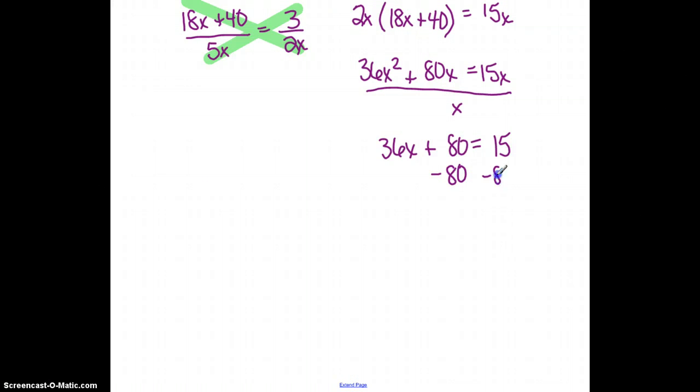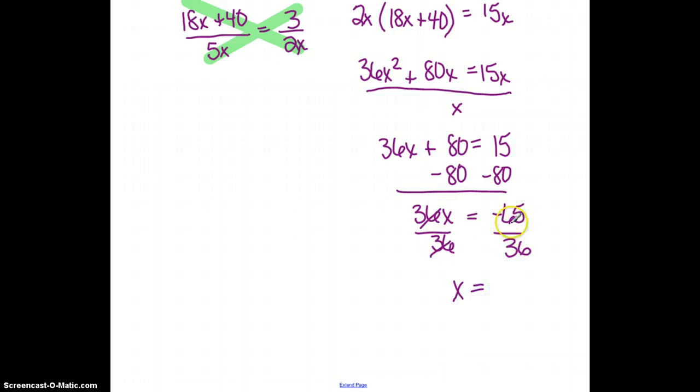Subtract 80. 36x equals negative 65. Divide by 36. And in order to solve this, I'm going to have to make it a mixed number. So 36 would go into negative 65 negative 1 time, with 29 left over.